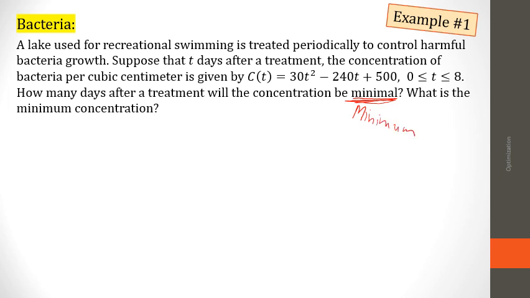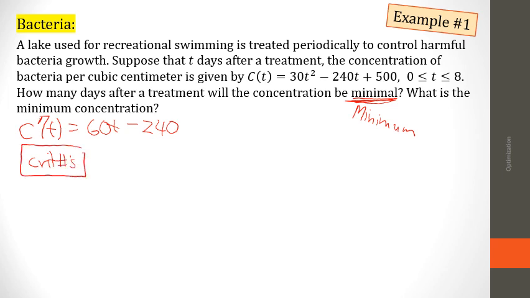So in order to find max and mins, we're going to find the first derivative. So C prime of t is 60t minus 240. Now for our critical numbers, remember to do our second derivative test, we're only going to look at the zeros.